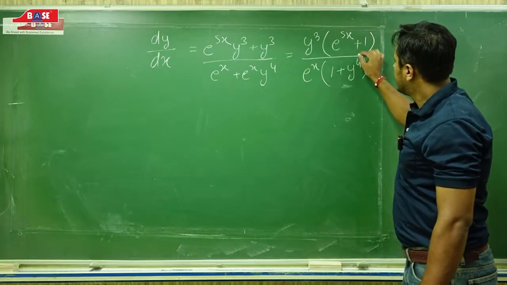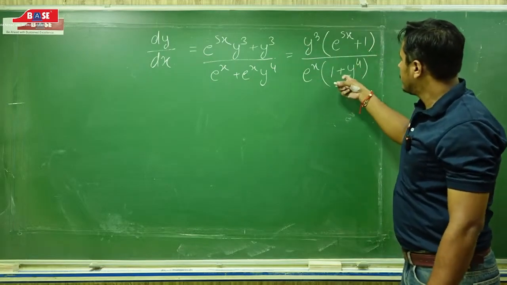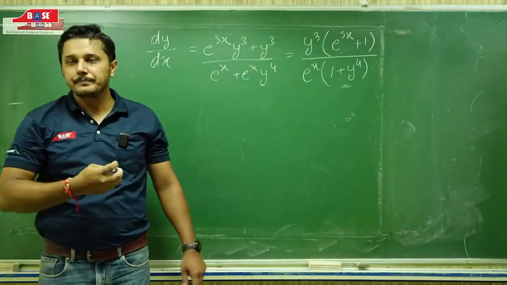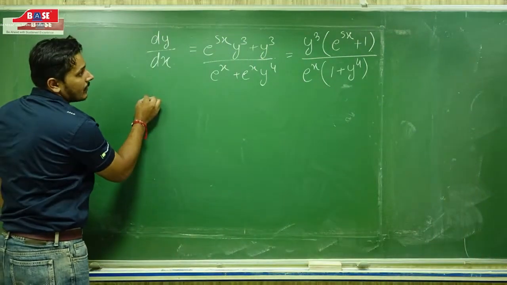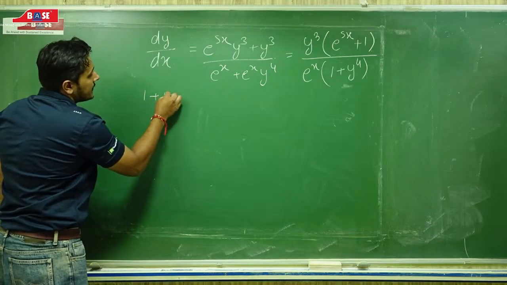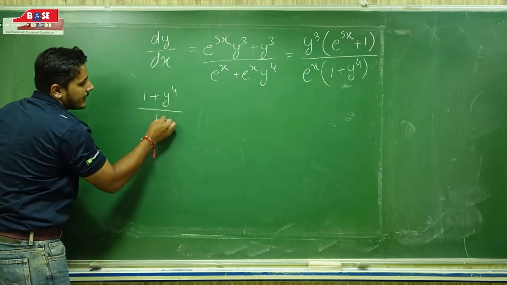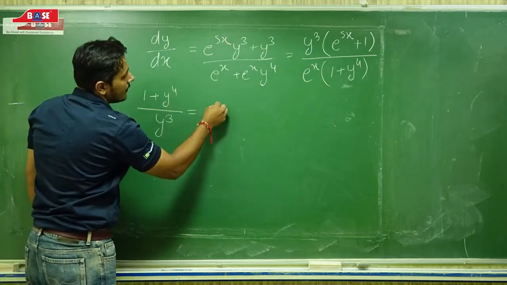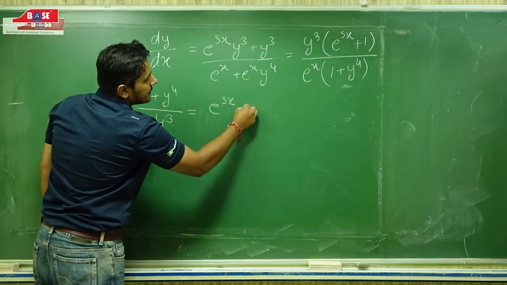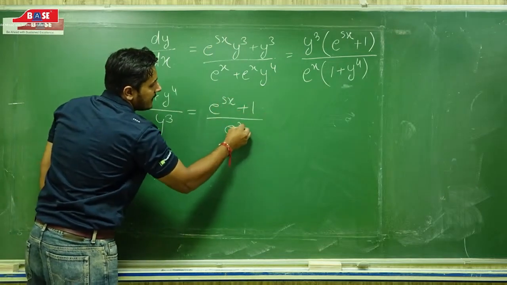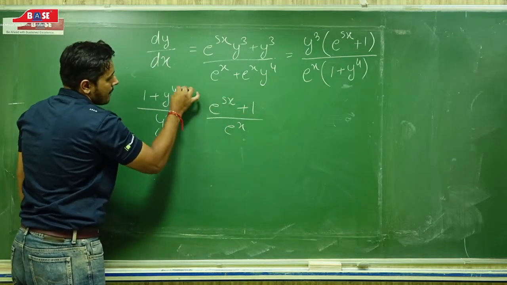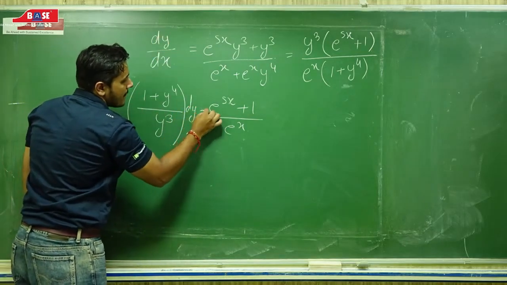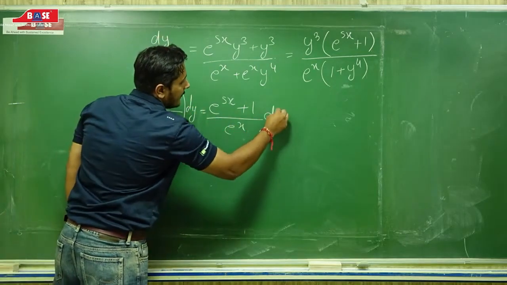Now send this y cube upon 1 plus y power 4 over to the left hand side, and we will get 1 plus y power 4 divided by y cube, dy, is equal to e to the power 5x plus 1 divided by e to the power x, dx.